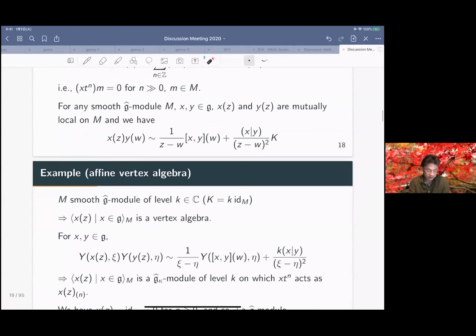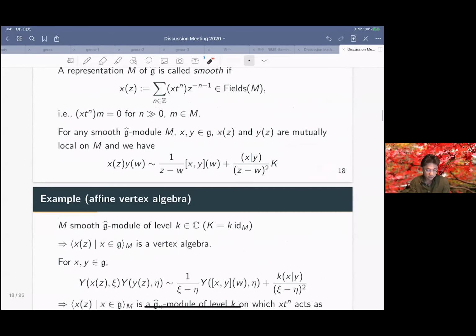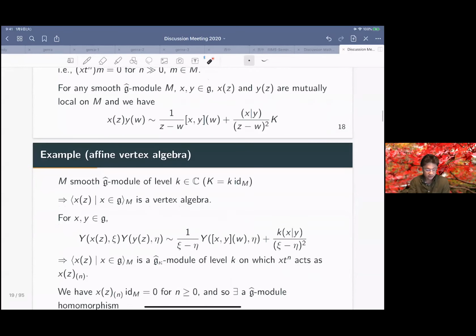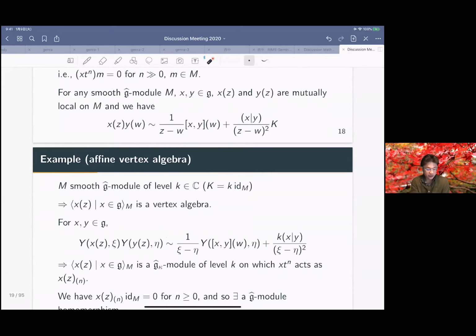And the corresponding field satisfies this condition, which means that this space is a G hat module, because OPE is equivalent to the commutation relation of G hat. This is a G hat module of level K on which X t^n acts as this n squared.